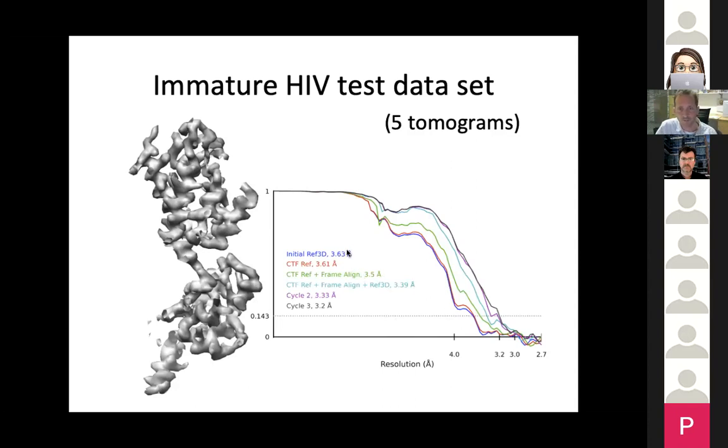If you don't do any of the fancy new stuff, RELION already gets to 3.6, which I think outperforms RELION-3. But you can then do CTF refinement, frame alignment, another 3D refinement, and do this cycle 2 or 3 times. It converges to about 3.2 angstroms, which is pretty good for this very small data set.